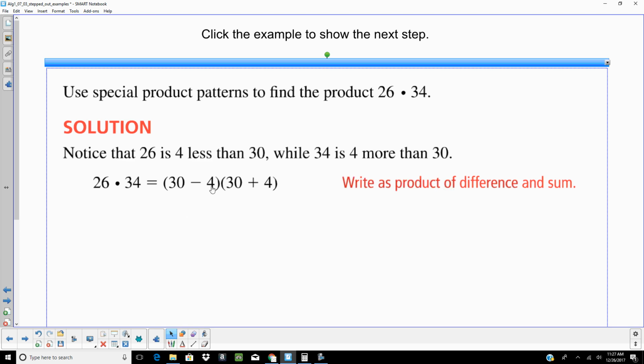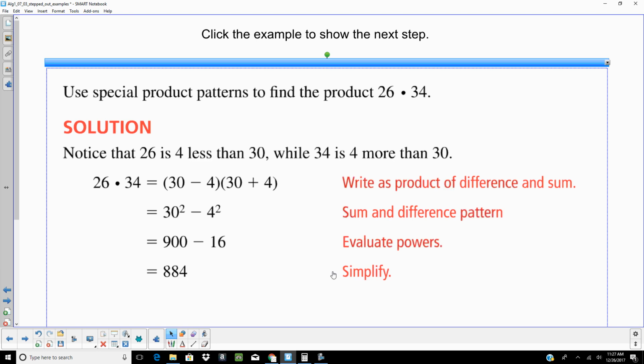Well, same numbers, one has a plus, one has a minus. That's going to be the same thing as 30 squared minus 4 squared, which is 884. If you've ever noticed some people can do math really fast in their head, it's because they've really mastered some of the understanding like this.